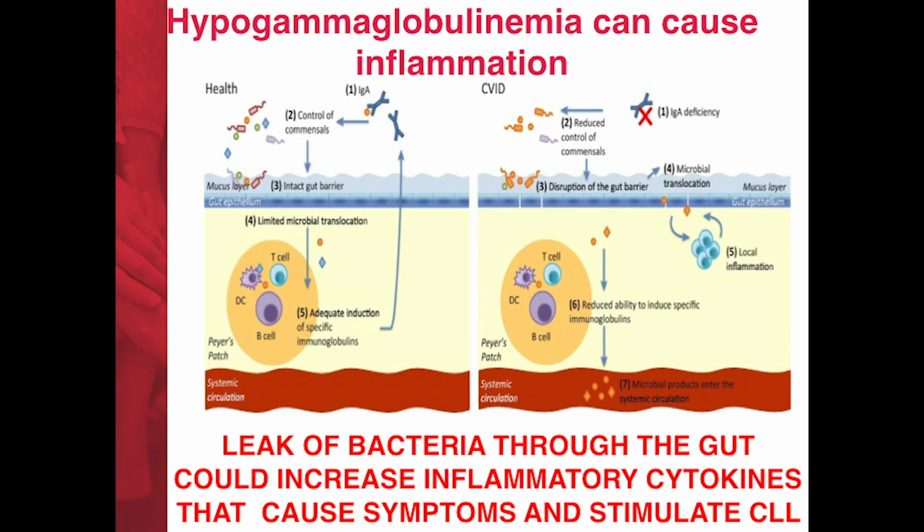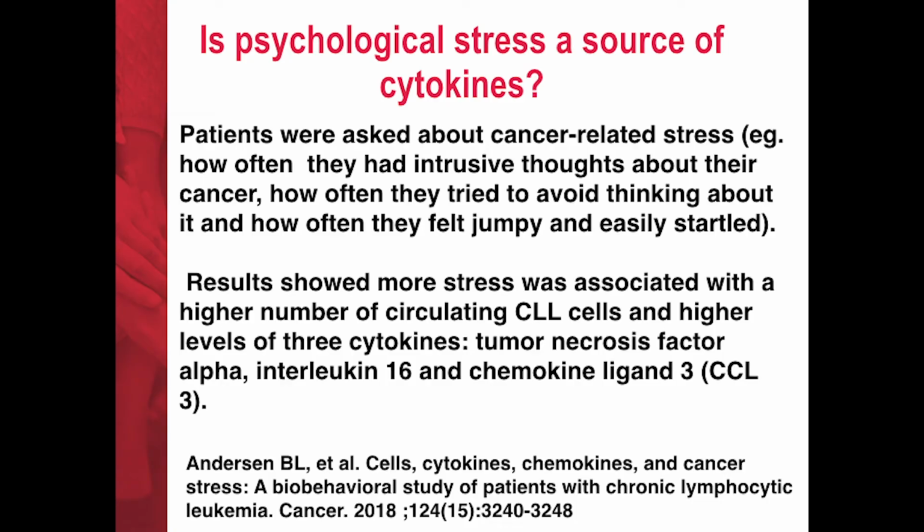And finally, what about psychological stress? Is psychological stress a source of cytokines? And the answer is probably yes, to some extent. So this was actually a recent study that came out of the Ohio State University, and they were looking at basically cytokine levels in patients who were about to enroll in some clinical trials at the Ohio State at that time.